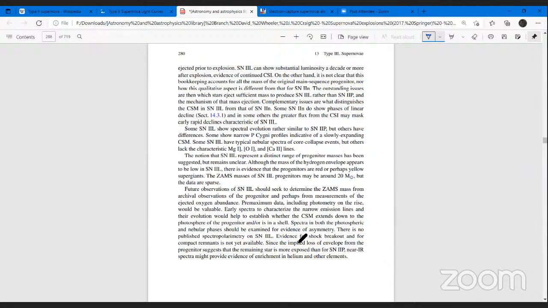Because we saw initially from the light curve that for type 2L the decay rate was very much higher, and they suggested the particular reason for that was that hydrogen was stripped off. So they are telling us there might be evidence of the higher elements after hydrogen, that is helium and other elements.